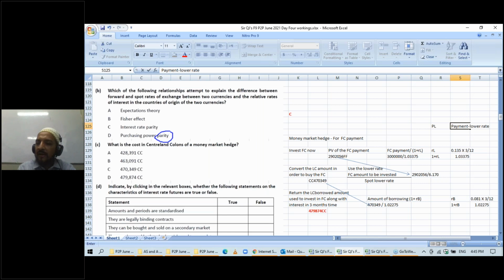Whether it's a forward contract, a spot rate, or a money market hedge, everywhere use the lower rate. And in case of a receipt, RH: use a higher rate. So PL, RH becomes a mnemonic for you.